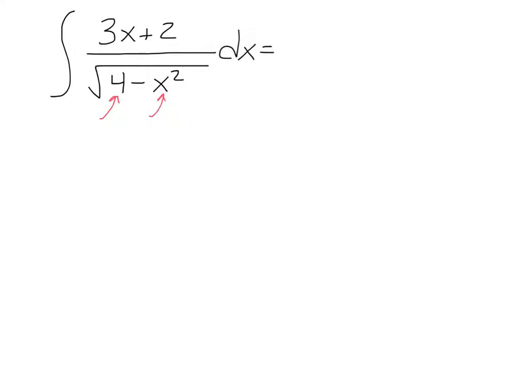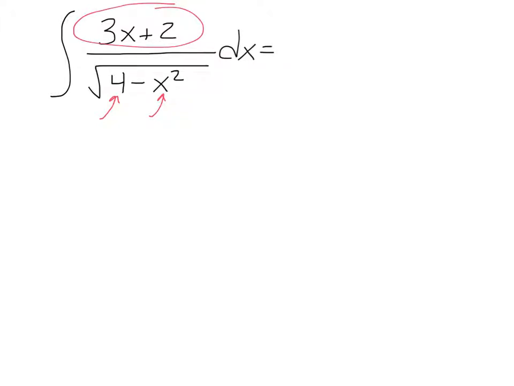The problem is, what do I have in my numerator? I have a 3x plus 2. If this was going to be an arcsine, I need to have just a constant. This doesn't require u substitution, so I have nothing to help me substitute out any of that.